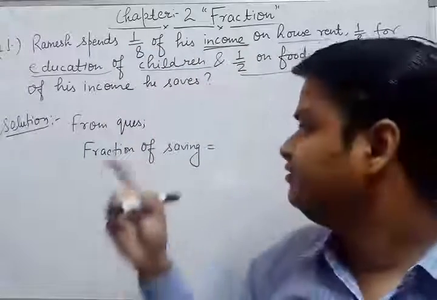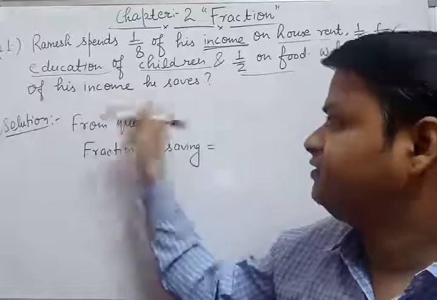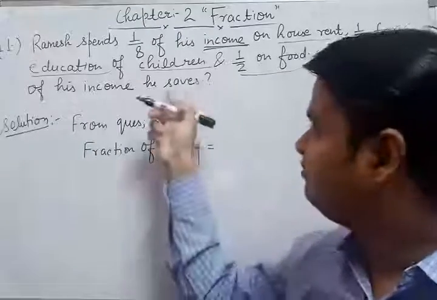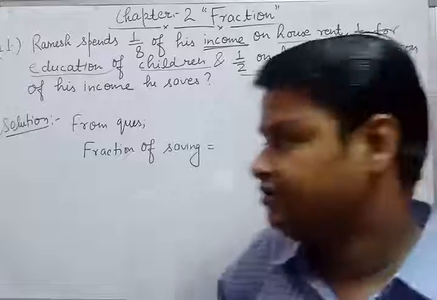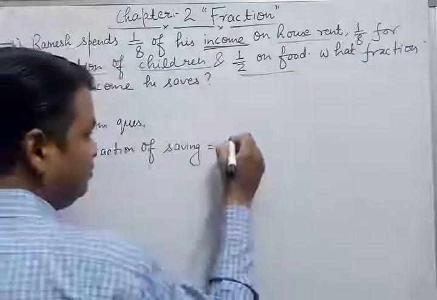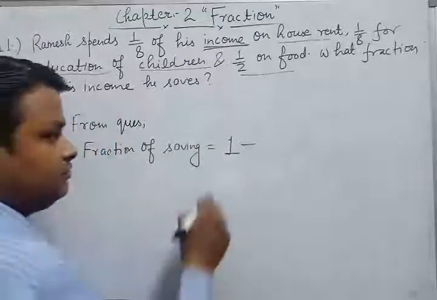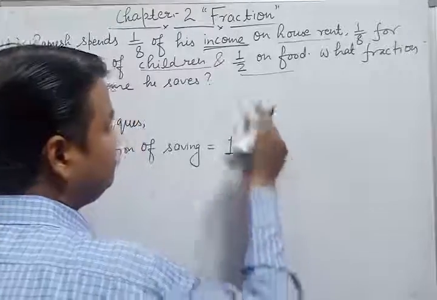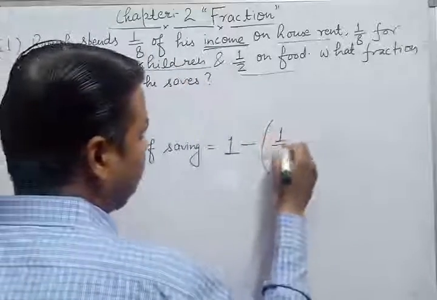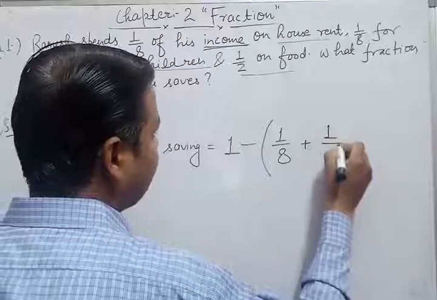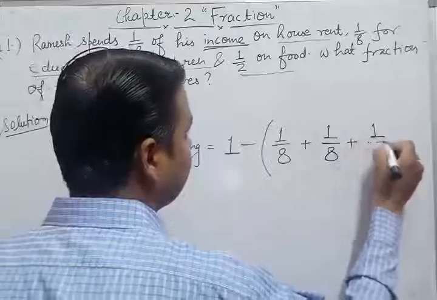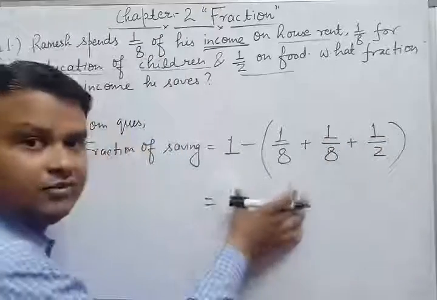Then we will get the fraction of income saved. So you have to subtract from 1 the sum of all the spending, 1/8 and 1/2. This is the part of the solution.